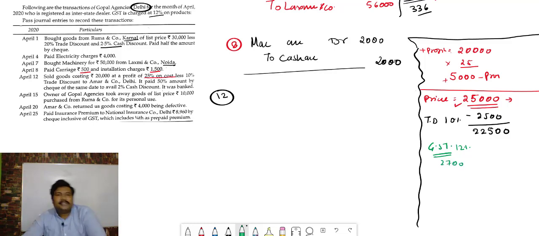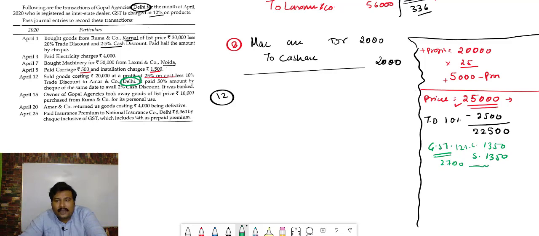But as you can see, this transaction is done from Delhi, and the person is also from Delhi. Same state, so CGST and SGST will be applicable like this: 1,350 for CGST and 1,350 for SGST.